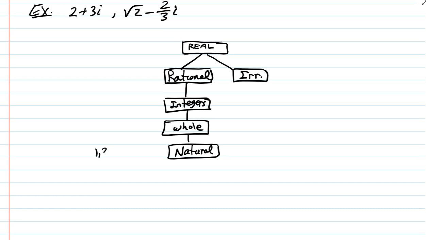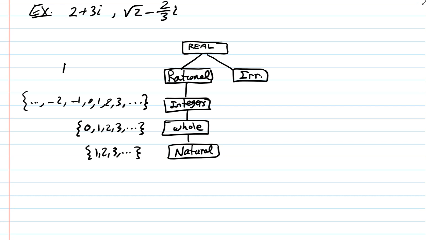Natural numbers are 1, 2, 3 and so on. Whole numbers are 0, 1, 2, 3 and so on, so it just has an additional 0 in there. Integers are just like whole numbers, except they also have the opposites of those natural numbers.